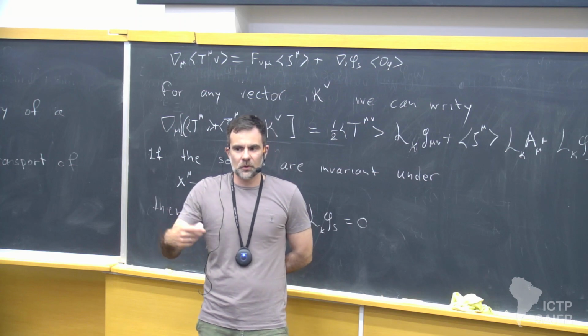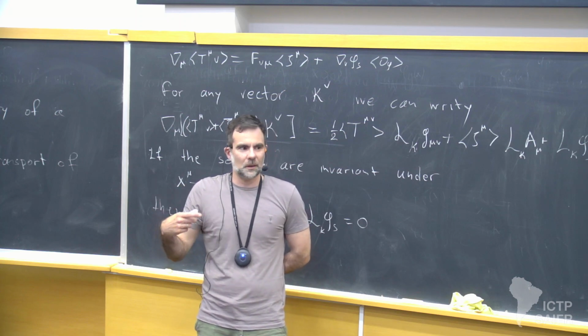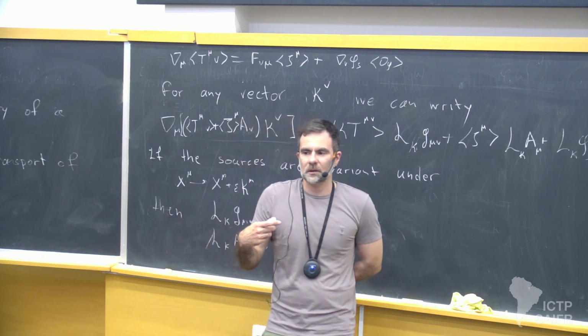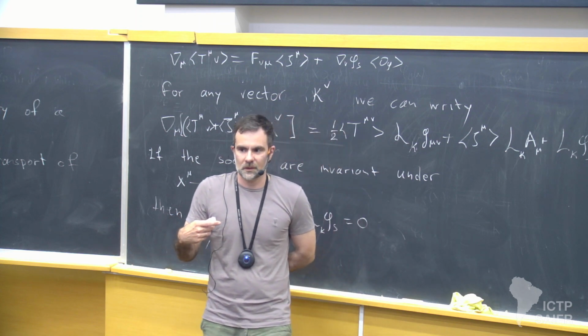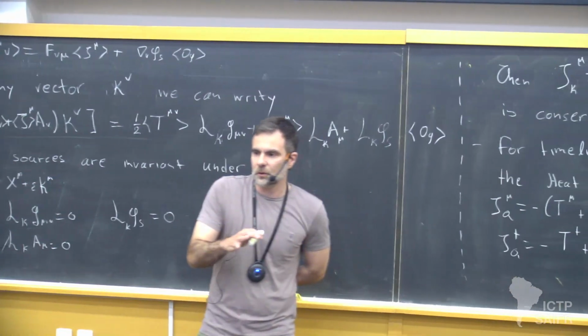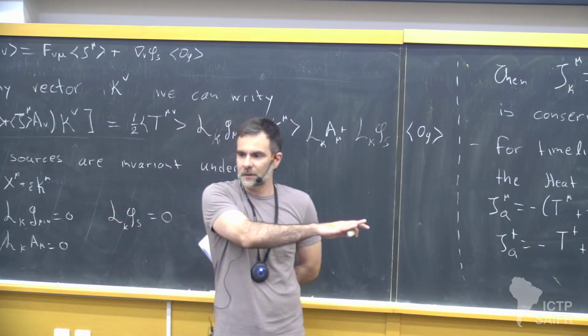That gauge transformation on the thermal circle could be non-periodic, right? Because it's a large gauge transformation. Yes, exactly. So it's a bit tricky. From the holographic point of view, you would see it as some singularity on the horizon.